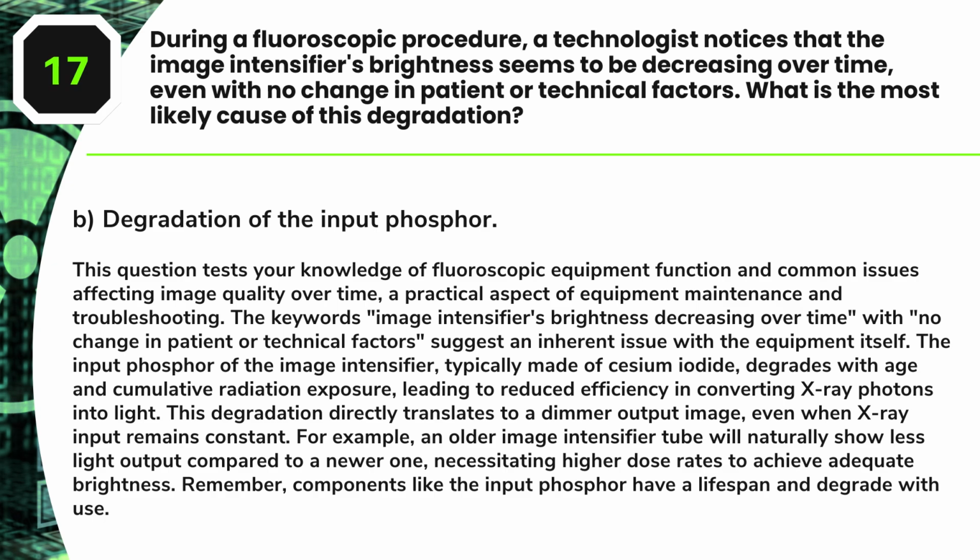This degradation directly translates to a dimmer output image, even when X-ray input remains constant. For example, an older image intensifier tube will naturally show less light output compared to a newer one, necessitating higher dose rates to achieve adequate brightness. Remember, components like the input phosphor have a lifespan and degrade with use.